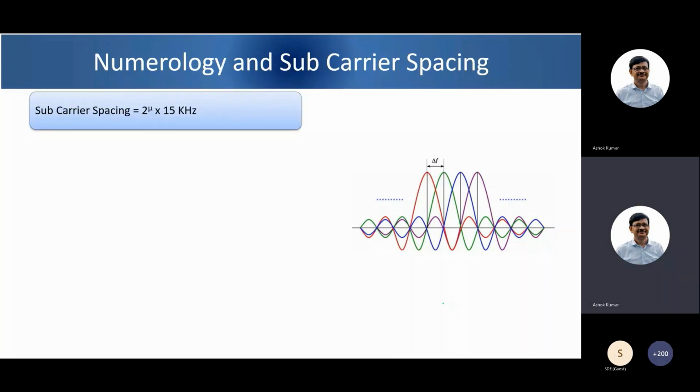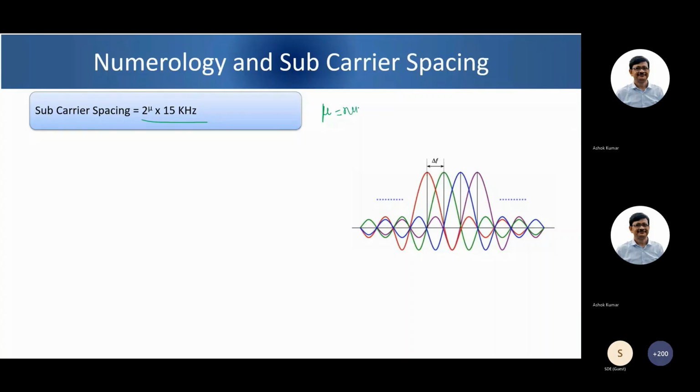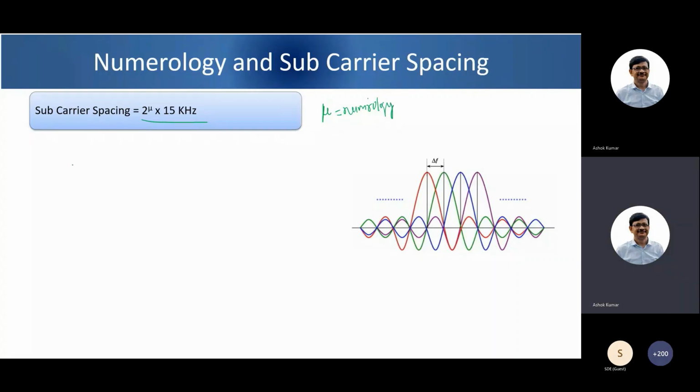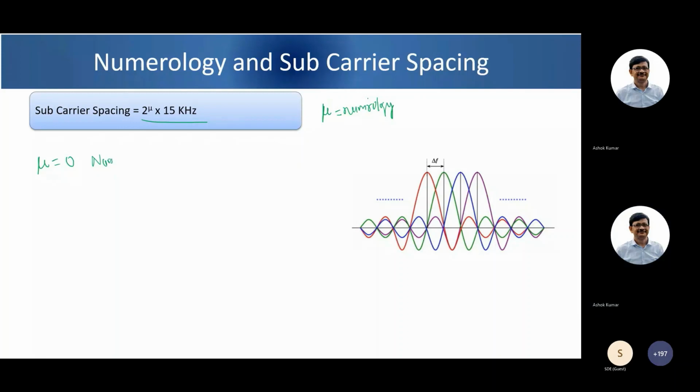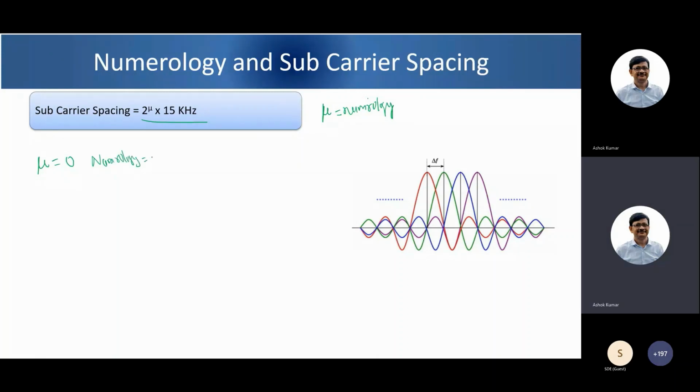Basically, just look at this: 2 to the power mu into 15 kilohertz gives the subcarrier spacing, and here mu is your numerology. Suppose mu is 0, that means your numerology is 0.